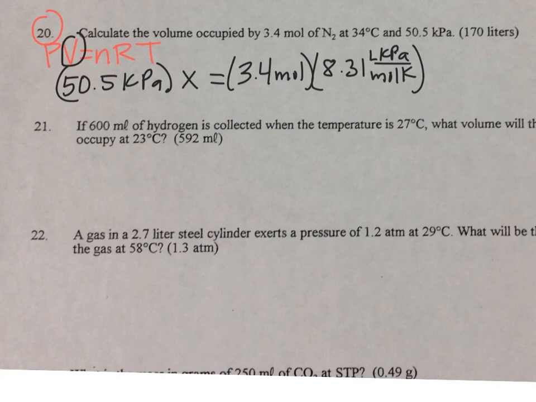The last thing is temperature. Notice the temperature here is given to us in Celsius, so we have to convert that to Kelvin. Add 273 to give us the Kelvin, and that turns out to be 307. Then we plug that in.